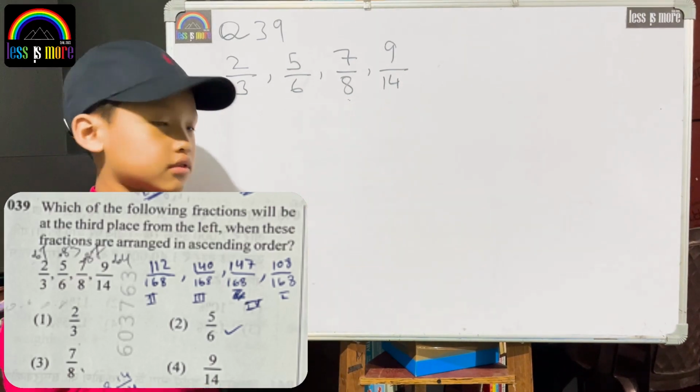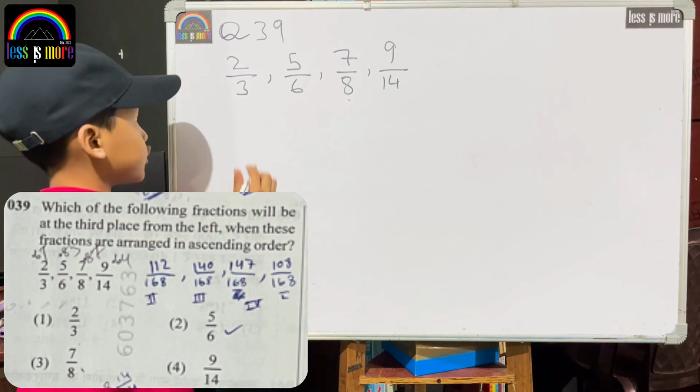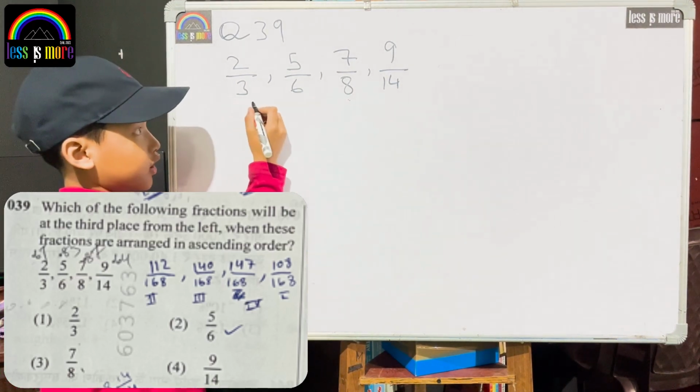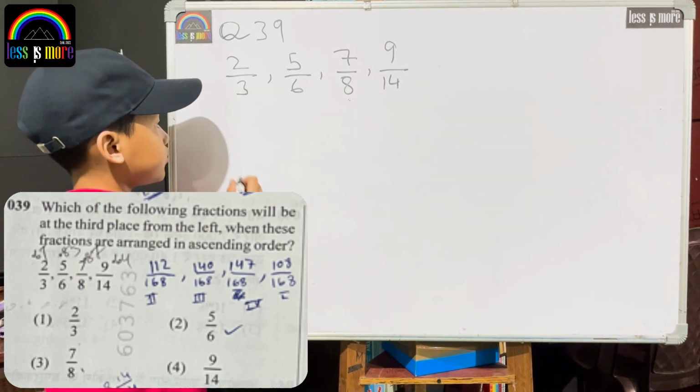So to find the difference between each other, we have to find the LCM of these 4 denominators.